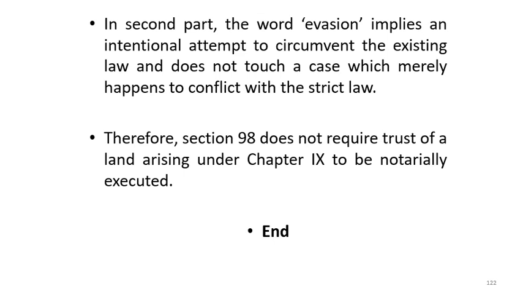Then from 83 to 91 we have seen very important sections, especially 83, 84, 85, those three sections are very, very important. And finally, we have seen section 98 also. Now, that is the end of constructive trusts. Thank you.